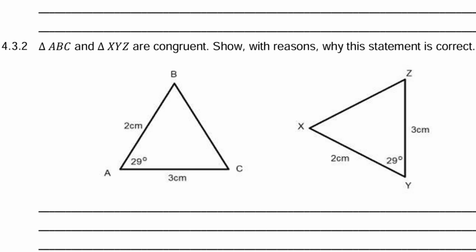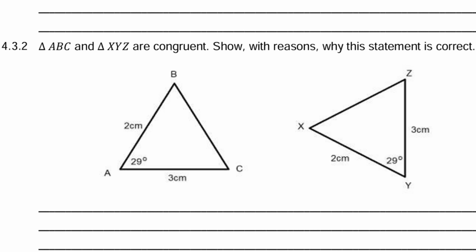In question 4.3.2, it is saying triangle ABC and triangle XYZ are congruent. Show us reasons why the statement is correct. If you look at those two triangles, we can see that there's one side that's equal.